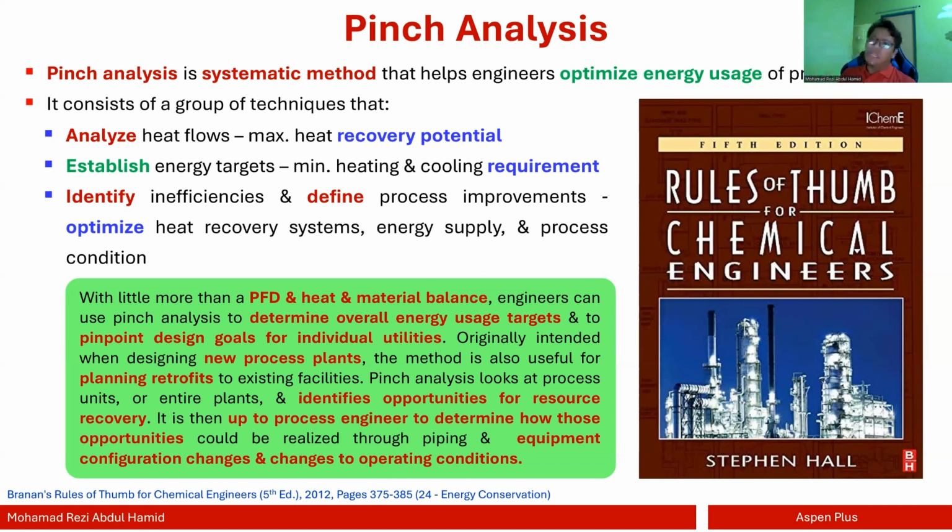Maybe because of the money. Maybe your boss said the ideal design should have 5 heat exchangers, but we can only have 4 heat exchangers. So how can we take that into consideration when you design the heat exchanger network?